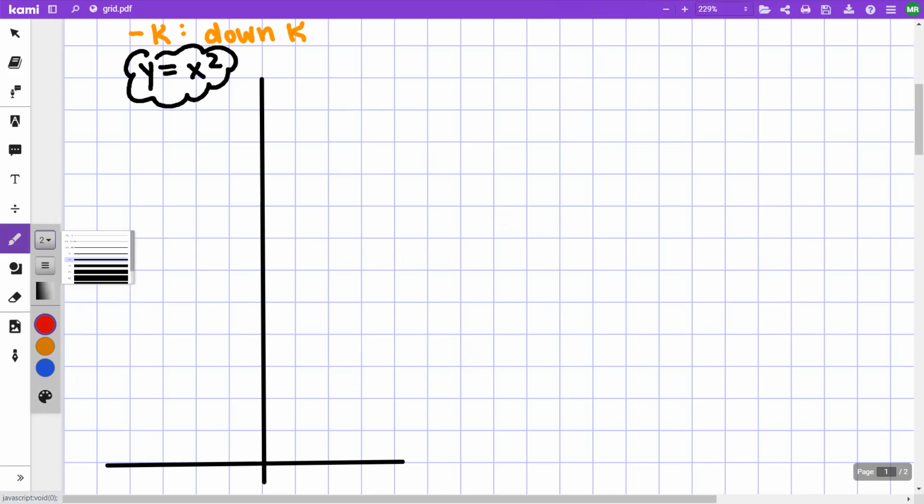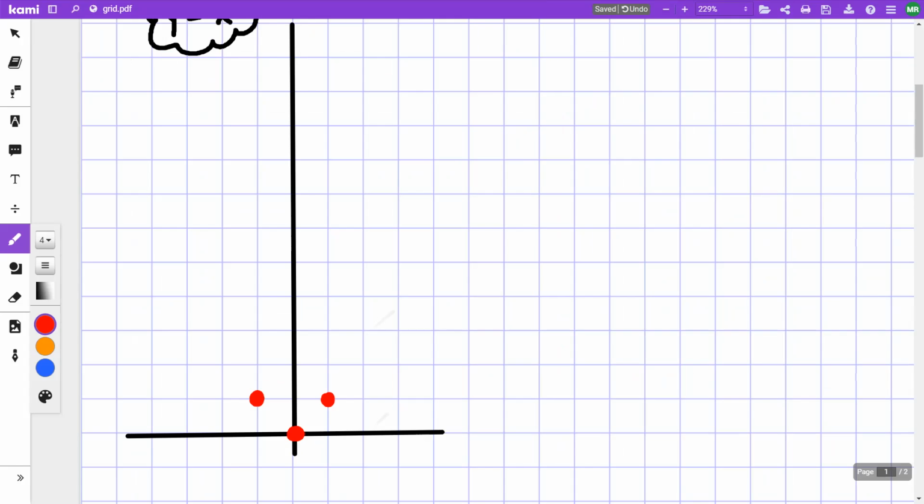So the very first thing I'm going to do is if I was to put 0 in here, 0 squared is 0. So I have a point at 0, 0. If I was to put 1 in here, 1 squared is 1. So if I went over 1 for 1 squared, I go up 1. It's going to be the same on the other side.